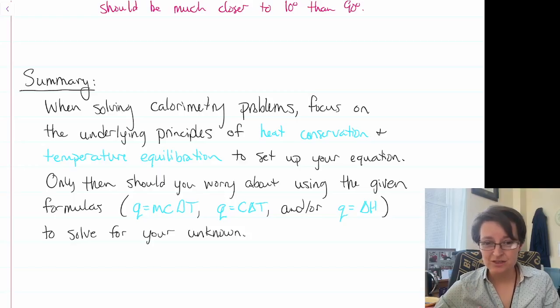When you're doing those substitutions, we also saw that there's really only 3 choices for what to substitute for Q. So as long as you can pay attention to your units and whether we're dealing with a physical process or a chemical process, that'll help you know whether Q equals mc delta T, Q equals C delta T, or Q equals delta H is most appropriate to help you solve for whatever your unknown is.